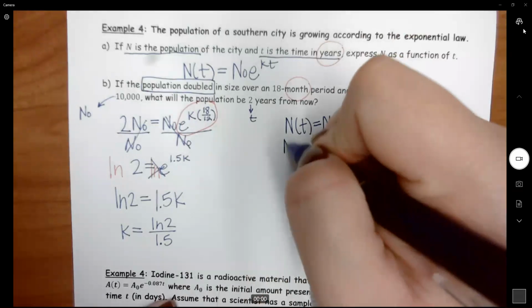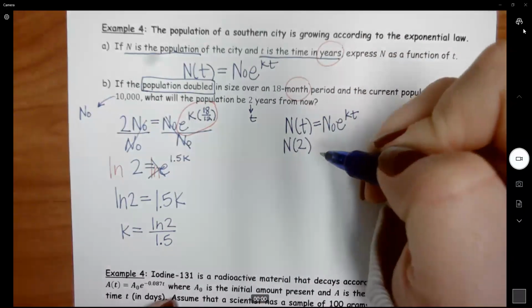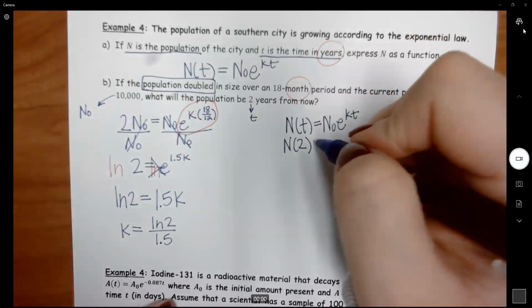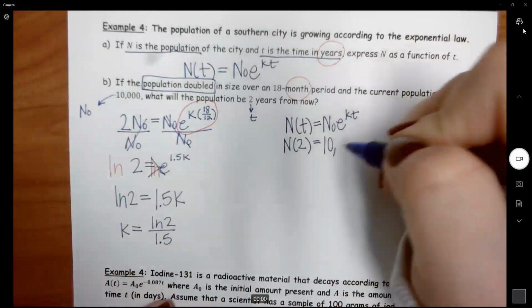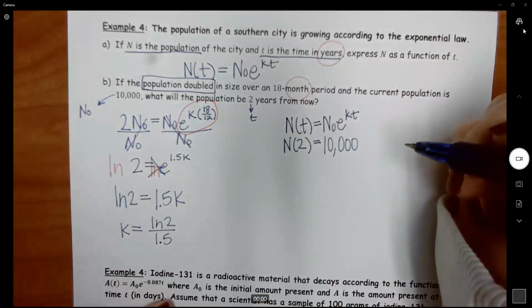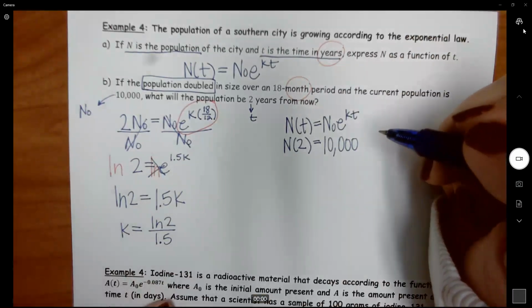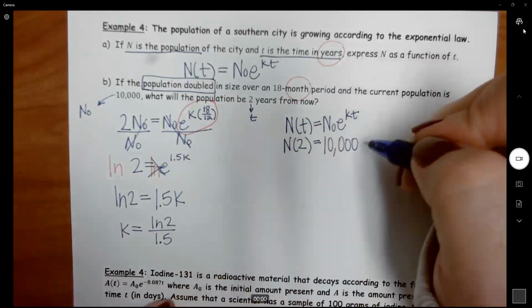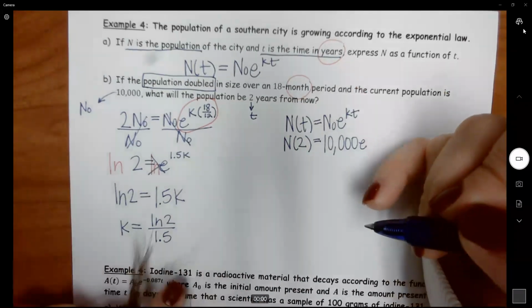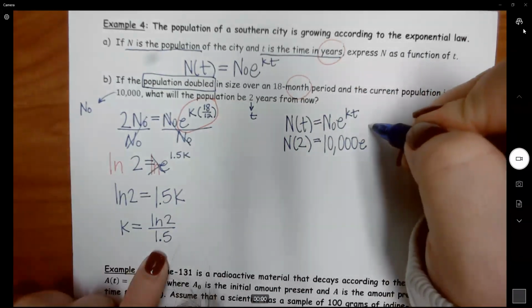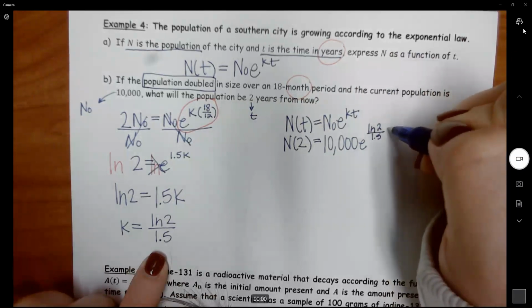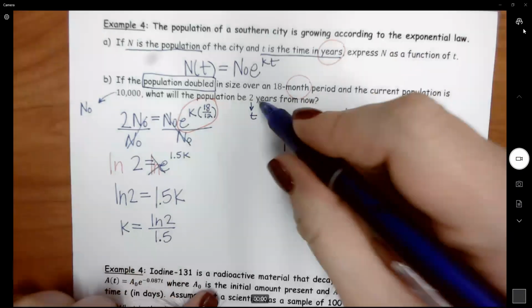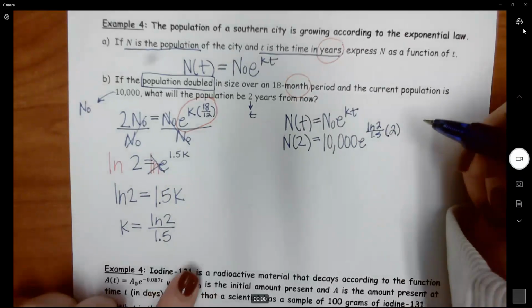I'm wanting to find N of 2. My N naught, the current population, is 10,000. So then we have E to the K, which is, we're writing that whole thing, the natural log of 2 divided by 1.5. And that's all going to be multiplied by my T, which is 2.